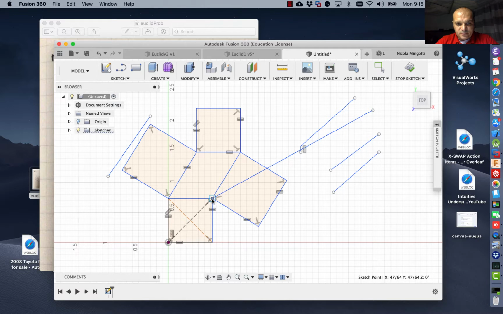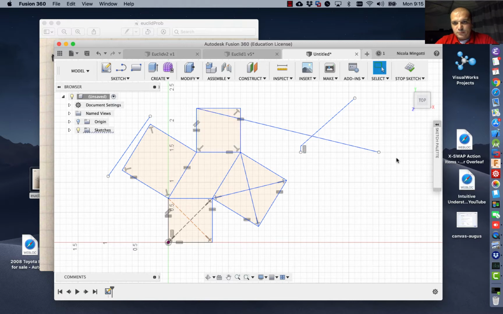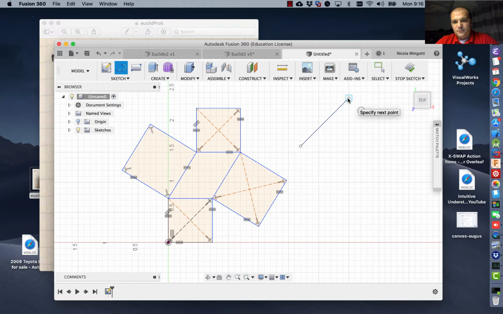So let's do the same here. X, X, X, X. Okay, other two lines.